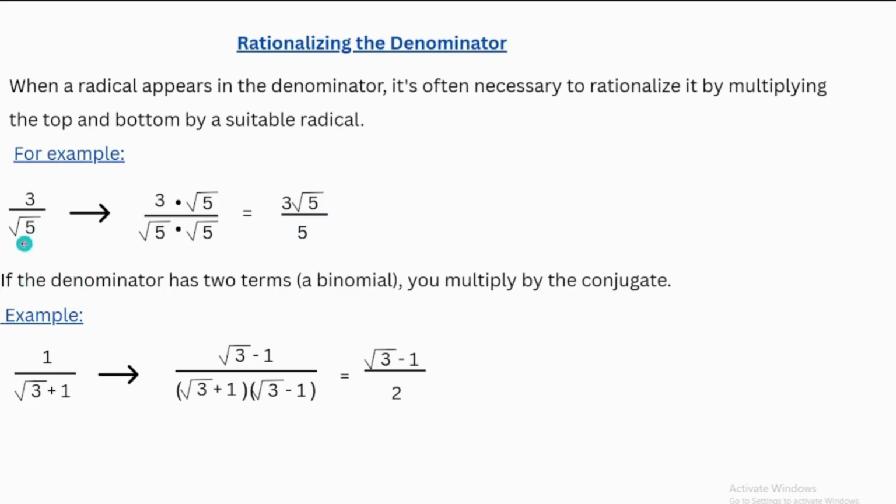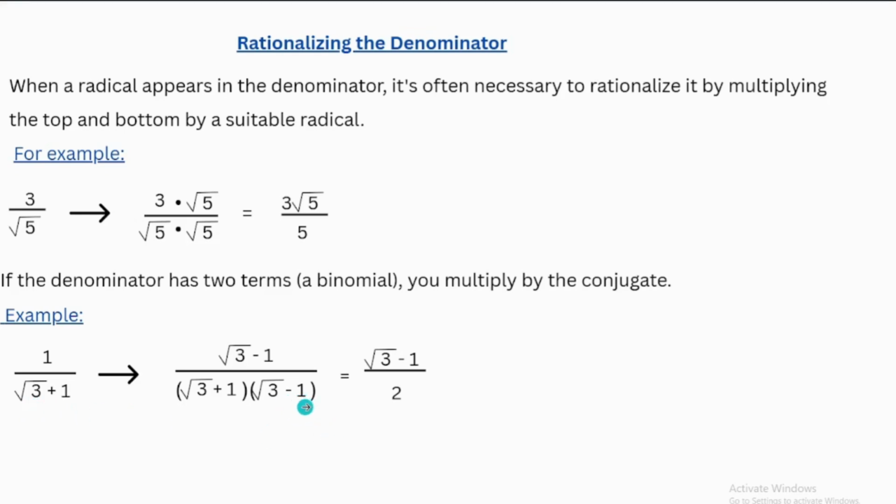That is when the denominator is one term. We can also find a denominator with 2 terms, a binomial. We multiply by the conjugate. What is the conjugate? The conjugate is the same binomial, the same terms, but with a different sign. So the conjugate here is root 3 minus root 1.